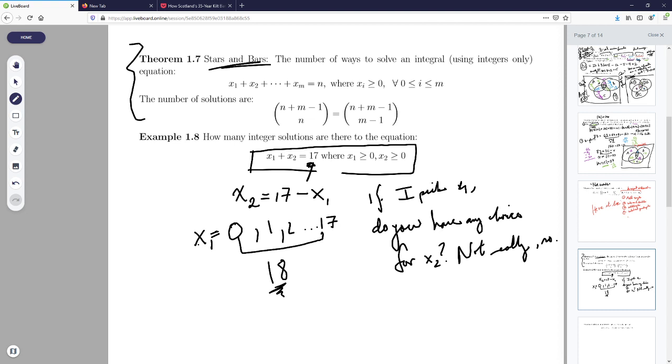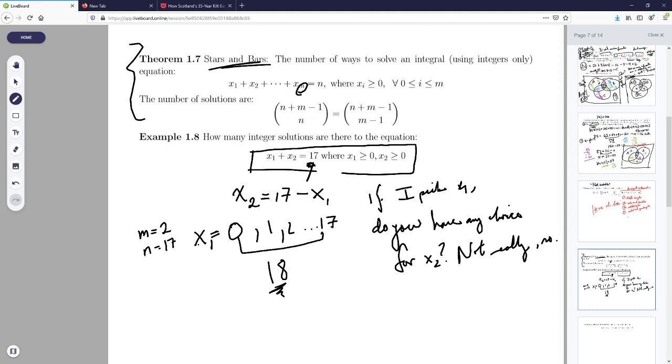All right, now let's pay attention to this theorem. Does it match with this combinatorial gibberish? Well, let's check. So m is the number of variables. So there's m equals 2 variables here. And n is equal to 17.